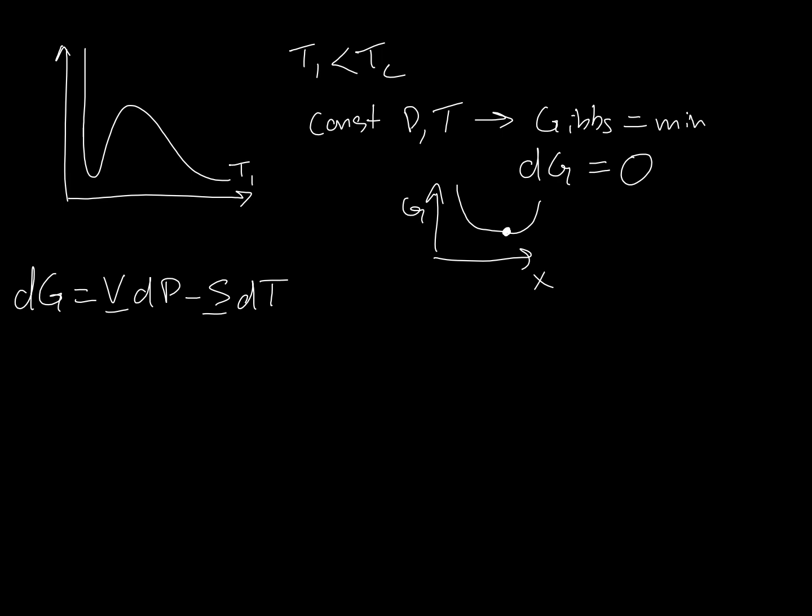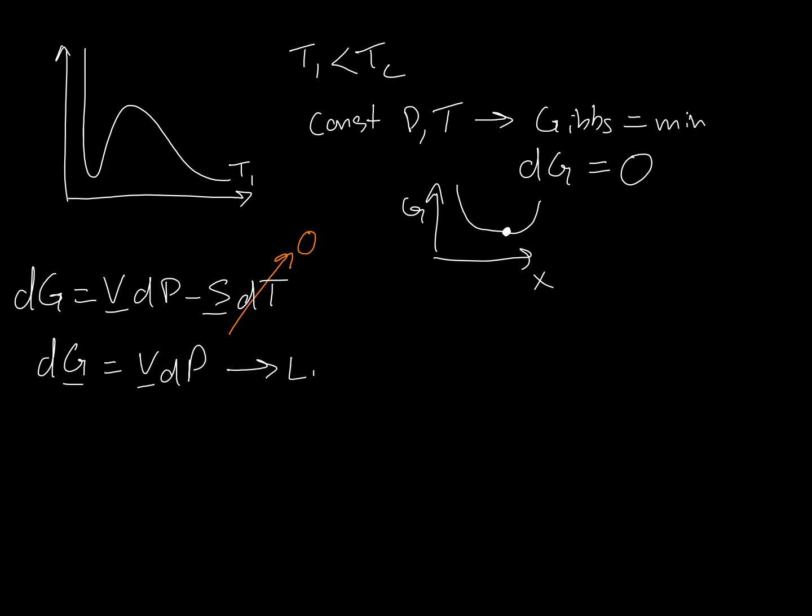So what we're going to do is follow along a path of constant temperature. Right? That's our isotherm that we're following along. So then, if we integrate, or follow along a path, dG is equal to V dP.